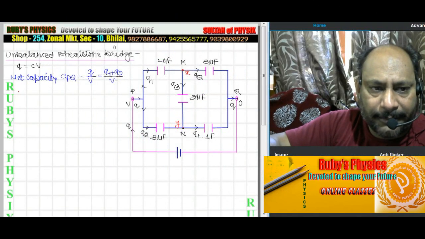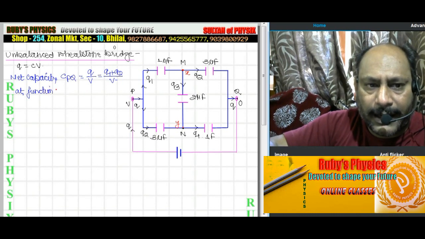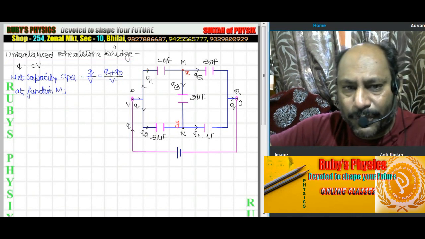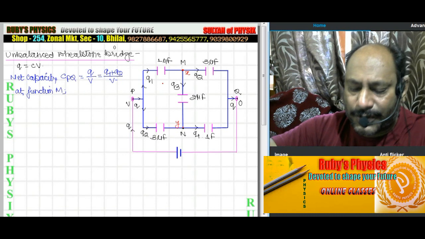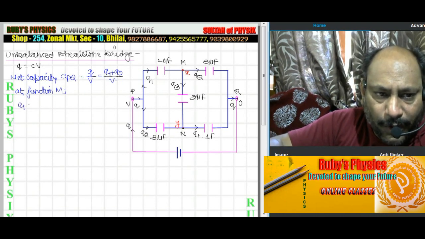At junction M, you see Q1 is coming in and Q2 and Q3 are leaving out. So can I write from here that Q1 is equal to Q2 plus Q3.